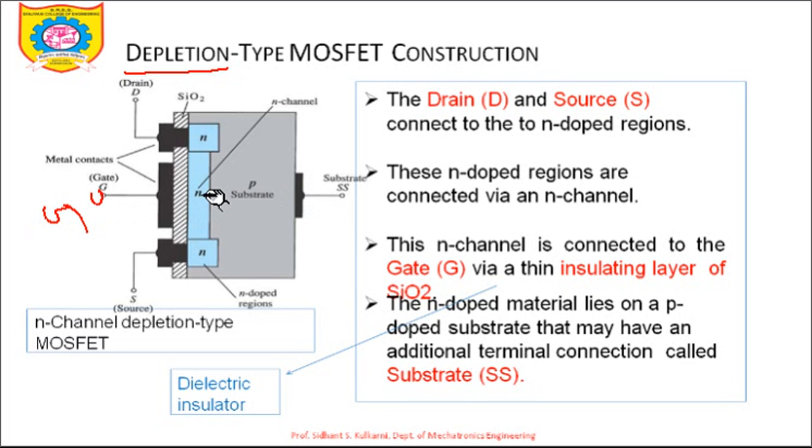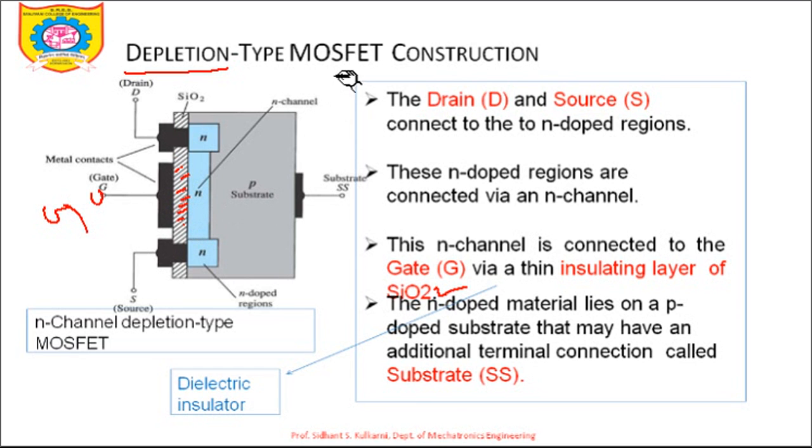The channel is already present, which is an N channel, between these two N type semiconductor regions, through which the electron flow happens. The drain and source are connected to the N doped regions, which are connected via the N channel. This N channel is connected to the gate via a thin insulating layer of SiO2.